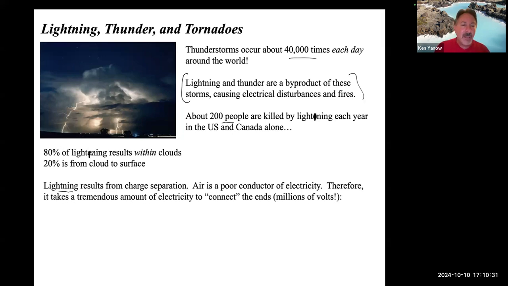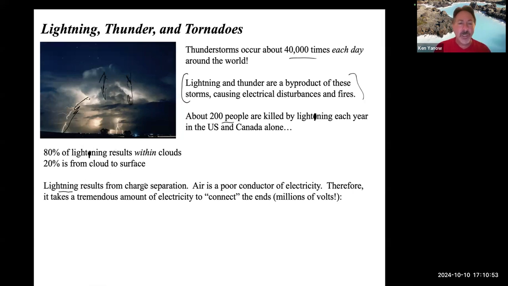80% of lightning occurs within the clouds and is called cloud-to-cloud lightning. 20% is cloud to surface and surface to cloud. This, of course, is the pretty stuff, but we actually see more lightning within the cloud itself. So the question becomes, what creates the lightning?